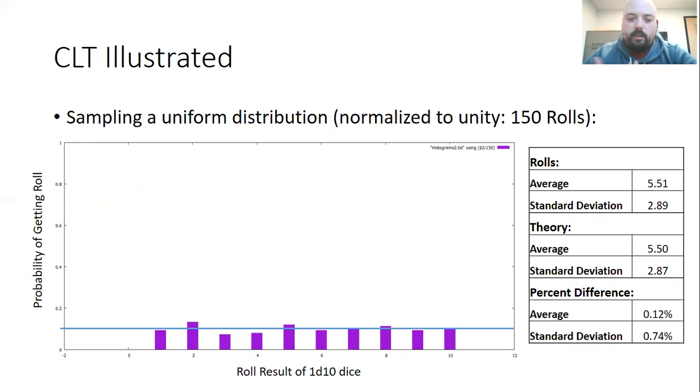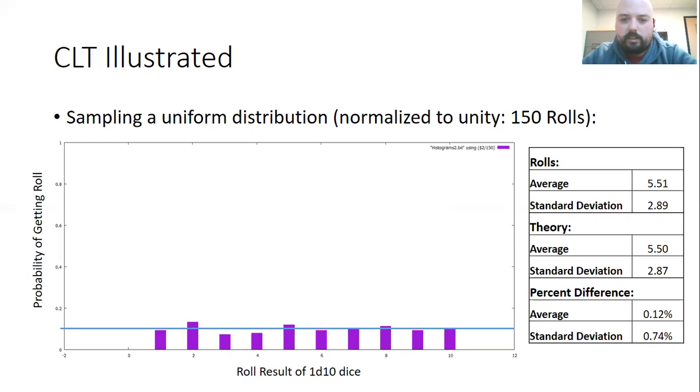Now, to illustrate the central limit theorem, what I've done here is basically roll a 10-sided die 150 times. This should hopefully give us a uniform distribution. I've highlighted where the uniform distribution should be located with the blue line across the histogram I've produced here.